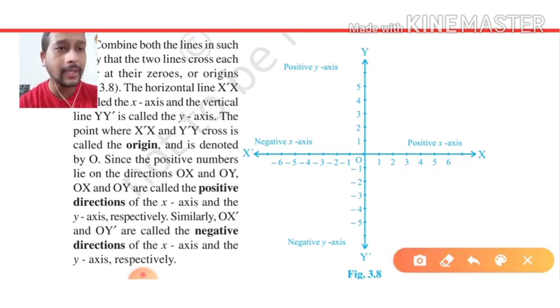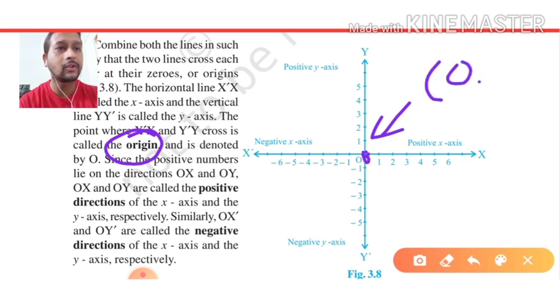This point is the origin, that means where both the perpendicular axes meet or intersect each other. Its coordinate will be (0, 0), but we will not discuss coordinates now.